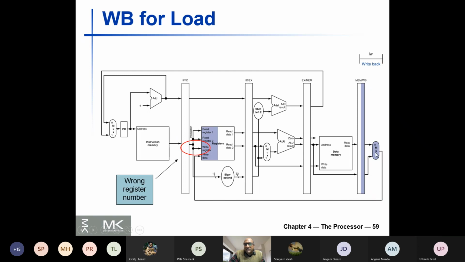But in the case of the fifth stage, you can see that the data path is coming in the reverse direction. It means that in the fifth stage, the memory content has to be placed into the register file. The data is arriving from this data path, and then it has to be placed into the specific register.